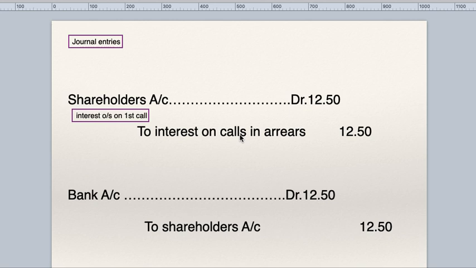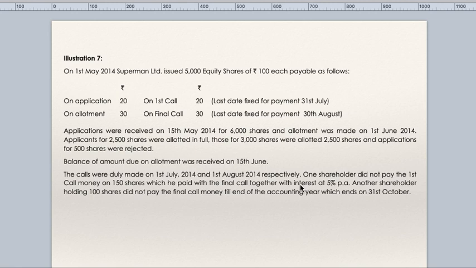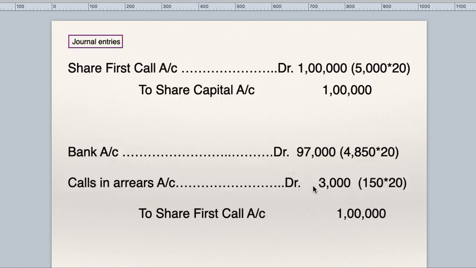Now how is this interest to be calculated? It is given in the question. That is, what is the rate of interest? See here, 5% per annum. And what is calls in arrears amount? That also we have seen. First call in arrears 3,000.